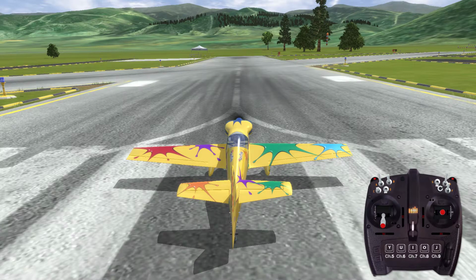On that same right-hand stick, if we move it to the right and left, we can see that it's controlling the ailerons, which are the surfaces on the wings.